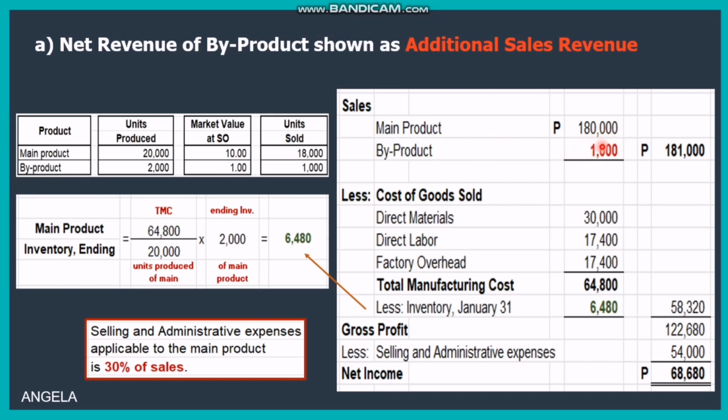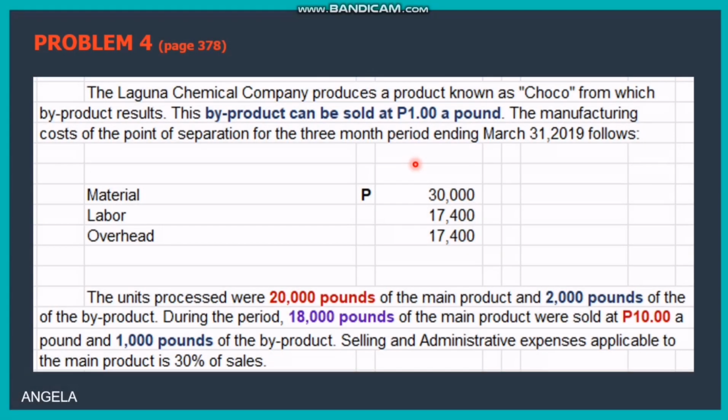Now, if natatandaan ninyo, yung sa last natin na sample problem, merong additional processing cost and selling and administrative expenses para sa byproduct, kaya nag-deduct sa sales nun. Pero dito sa problem natin, if babalikan natin, wala siyang given. Walang selling and administrative expenses, wala ding additional processing cost na na-mention na para sa byproduct.